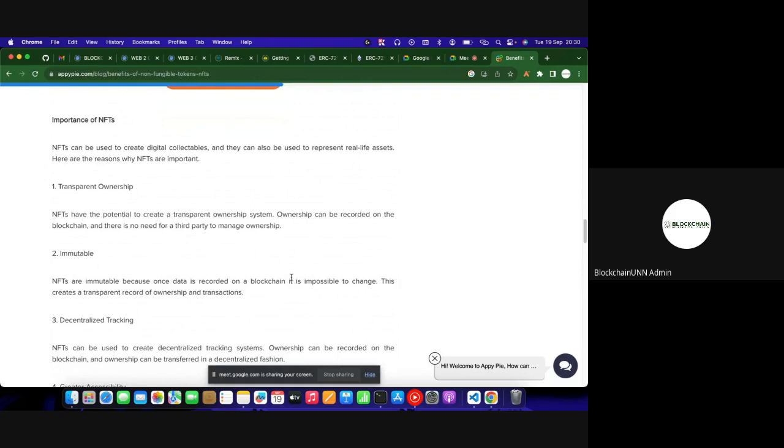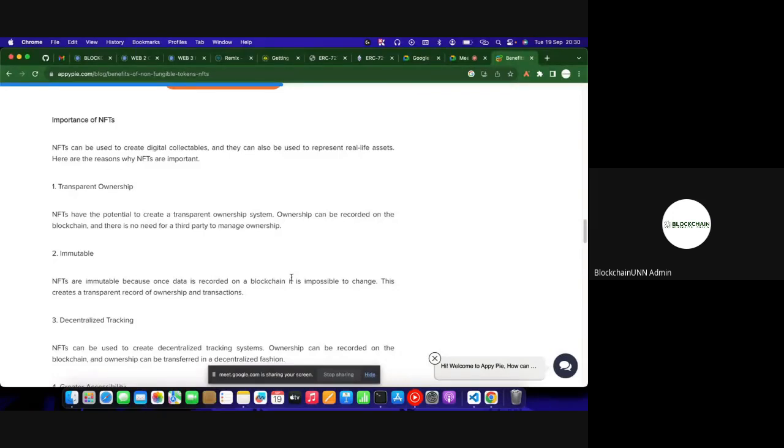With NFTs you have transparent ownership, so you are sure that there is no funny business going on behind the scenes. Everything is transparent, it is on the blockchain, so you can always verify ownership. You can always verify that Darlington actually owns these properties and he's not trying to defraud me.